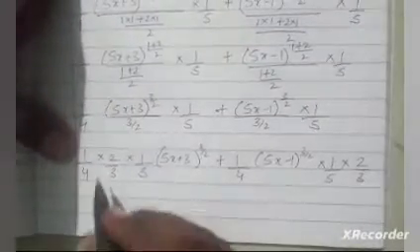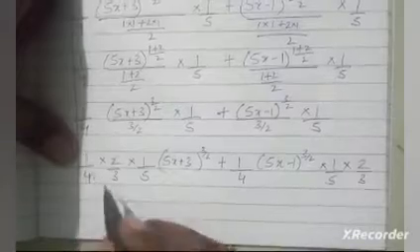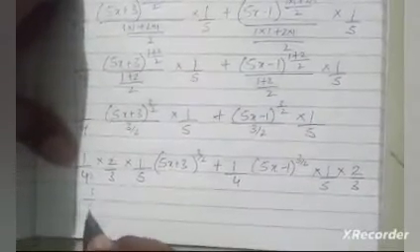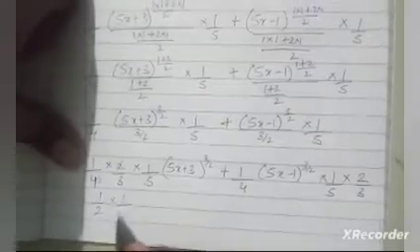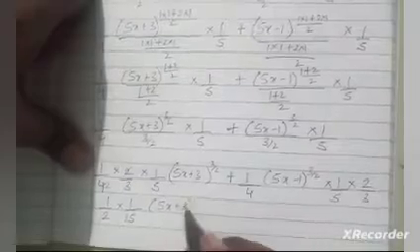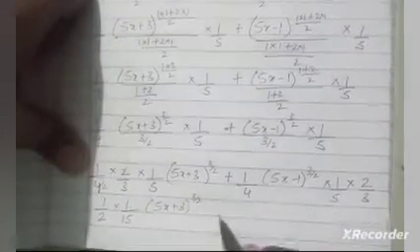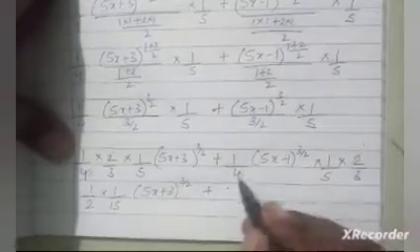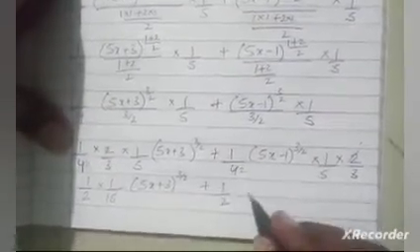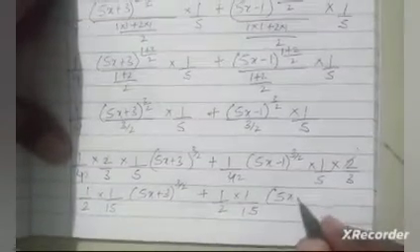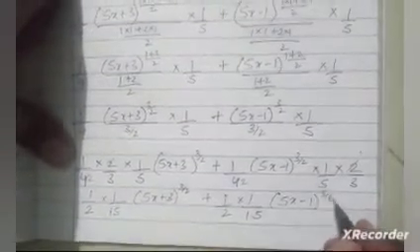Then by simplifying we get 2 1s are 2, 2 2s are 4. So 1 by 2 into 1 by 15, 5x plus 3 to the power 3 by 2 plus, this will also cancel, so 1 by 2 into 1 by 15, 5x minus 1 raised to 3 by 2.